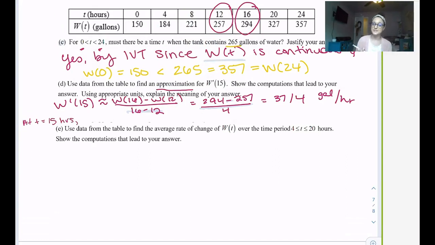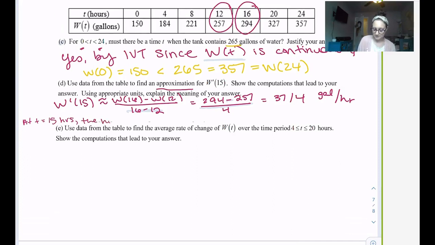Okay, then you're going to restate the function, which was the number of gallons in the tank, or the amount of water in the tank, either way, is, and then you're going to say either increasing or decreasing.